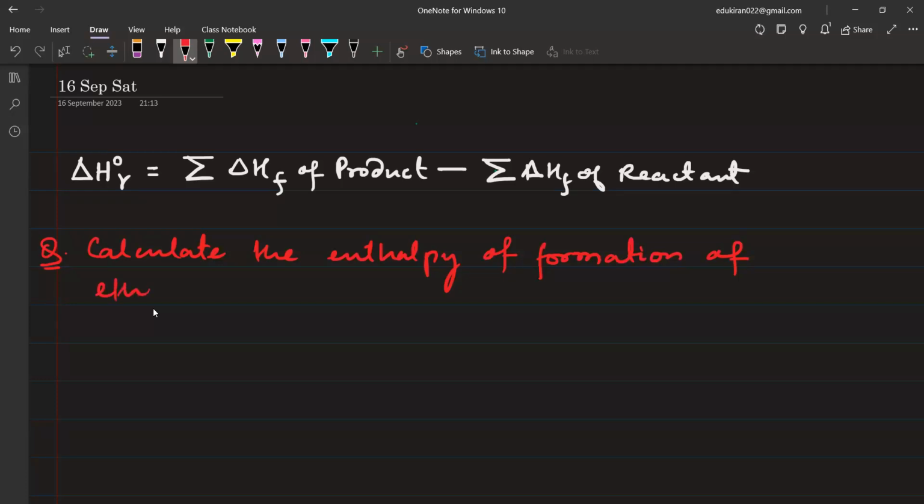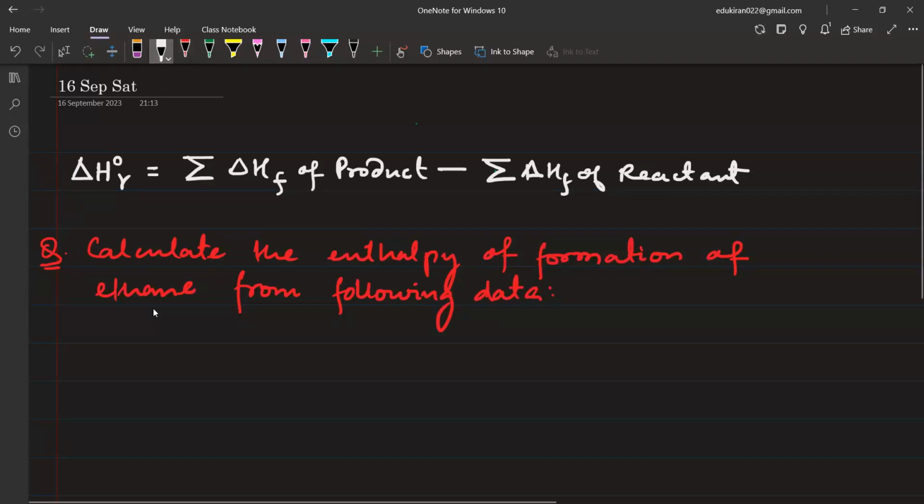Enthalpy of formation of ethane from following data. Okay. So first, the data that you have is number 1, carbon plus oxygen gives you carbon dioxide.